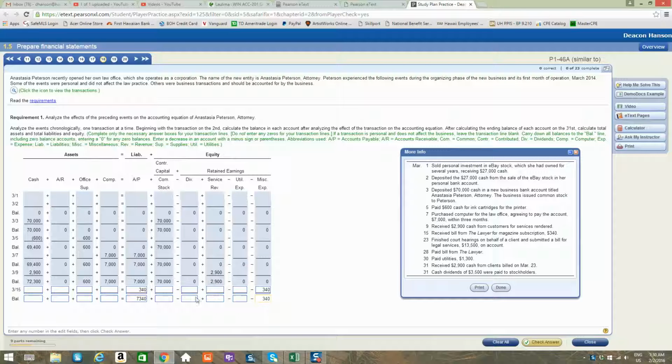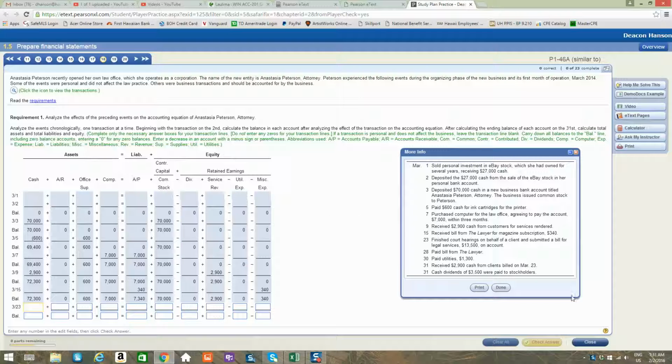It's accounts payable plus common stock minus dividends plus revenue minus utilities minus expense. So when you're checking to get your right side total, that expense is a subtraction. So that all happened on one side of the equation. We can carry our balances down, making sure we carry our balances down for the other side. And then we can go ahead and hit check. Nice work on that one.